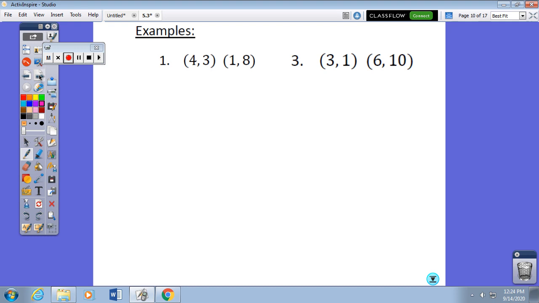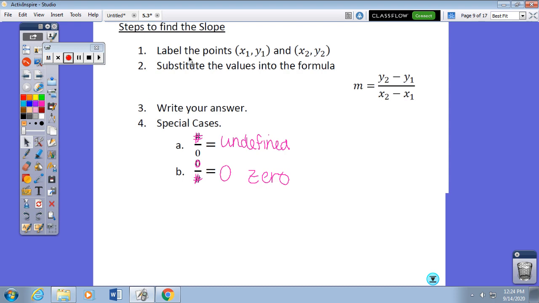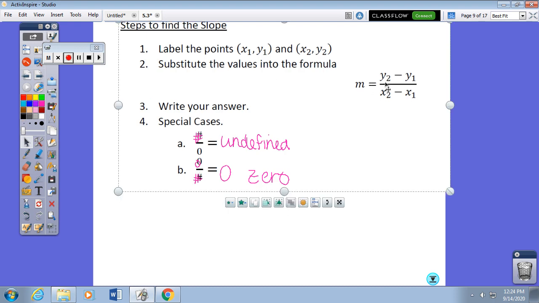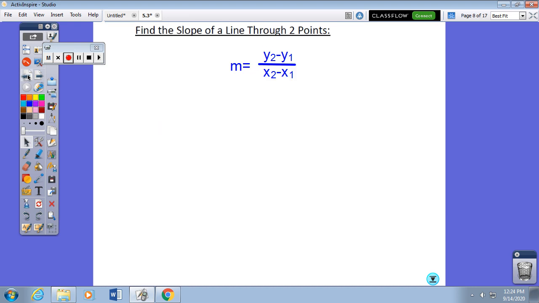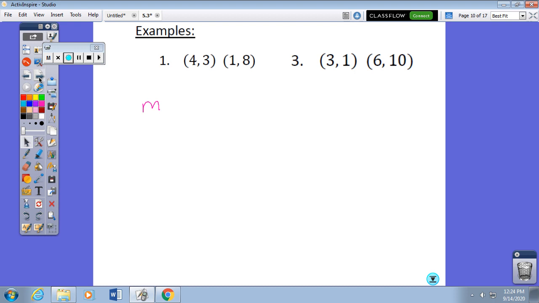So the first one, we're going to start with our formula. I'm actually going to go back here and grab our formula because I don't have it on this page. I'll just go ahead and write it.